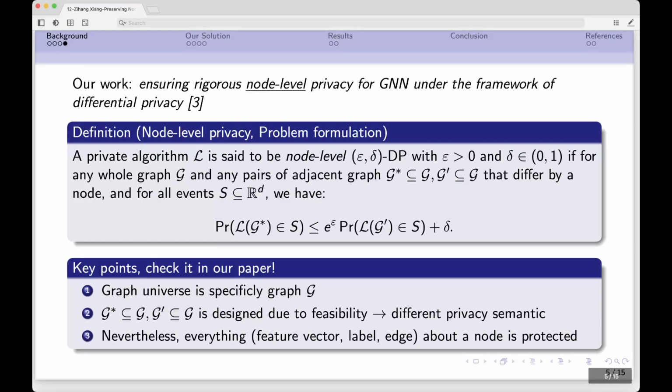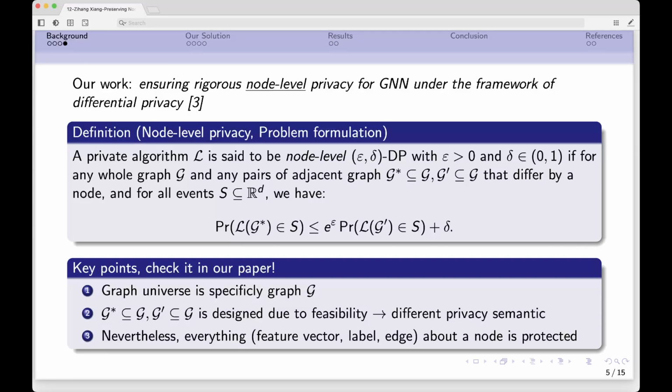So our work aims to propose a solution for such an issue. We operate under the framework of differential privacy, a robust protocol that guarantees privacy. We formulated the goal of achieving node-level privacy for training a GNN model. Due to the post-processing property of DP, we do not have to worry about the privacy issues when releasing the privately trained model.